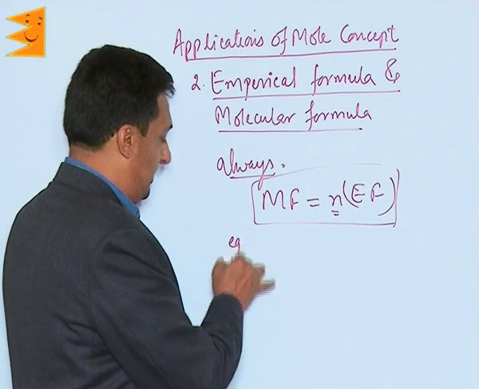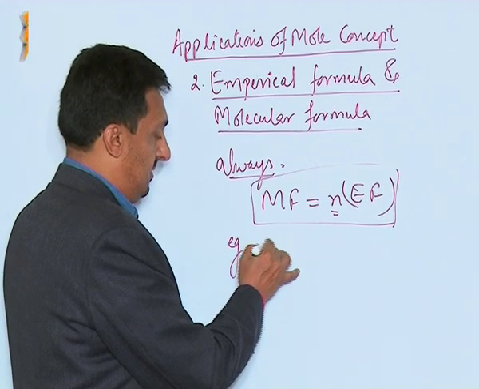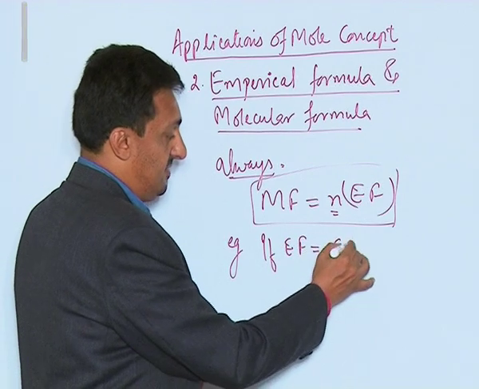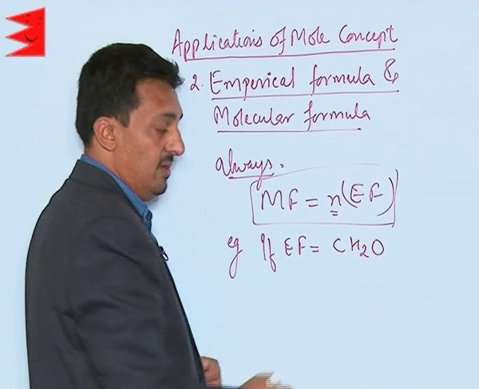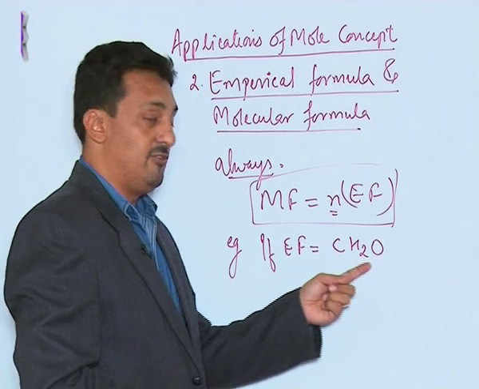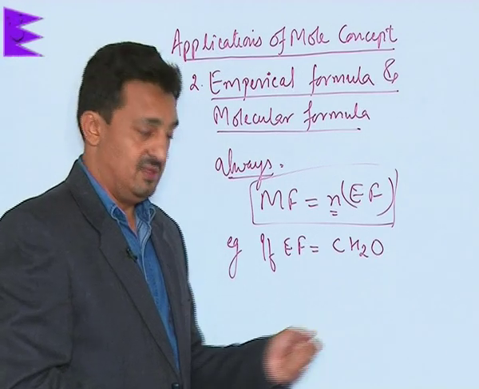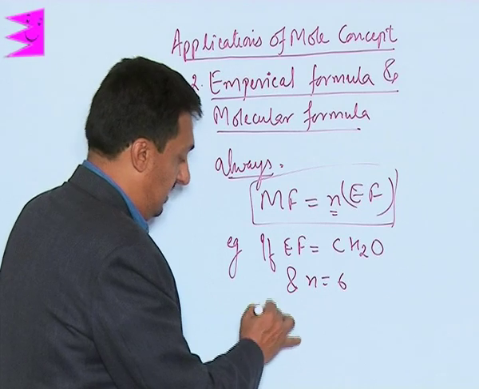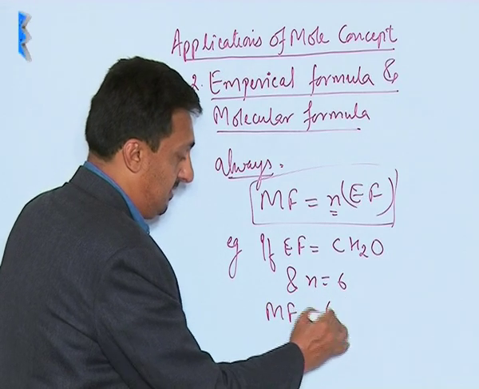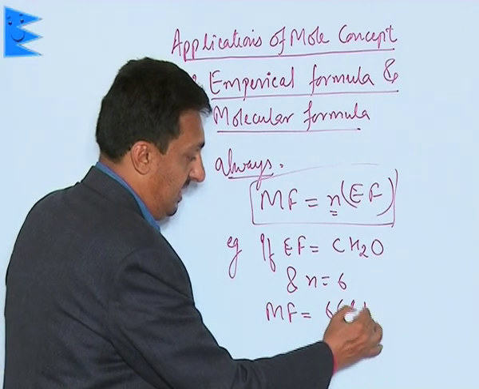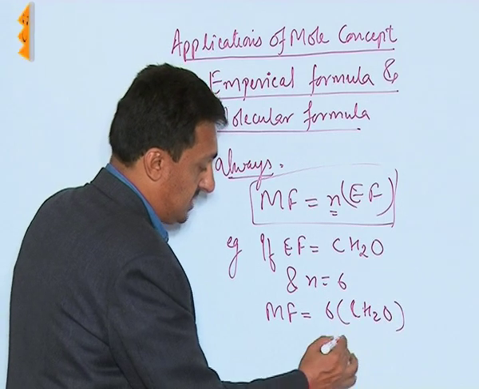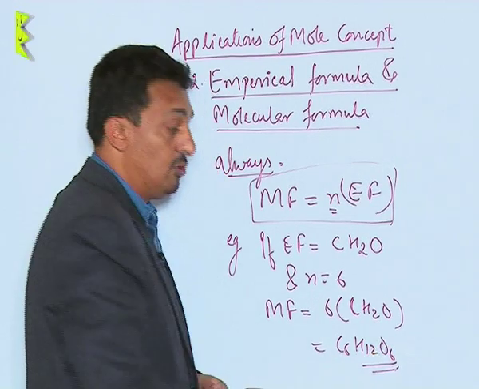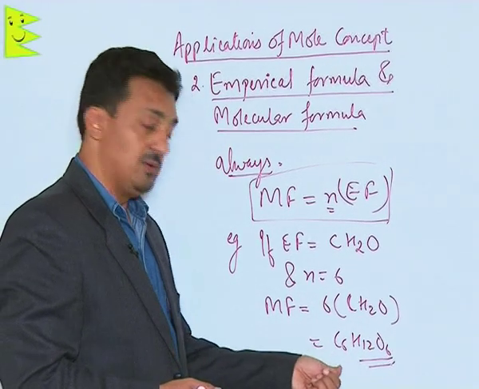I can give you an example: if the empirical formula is CH2O, because the ratio of carbon, hydrogen to oxygen is 1:2:1, and n is 6, the molecular formula will be 6 times CH2O. This comes out to be C6H12O6, which is your glucose or fructose molecule.